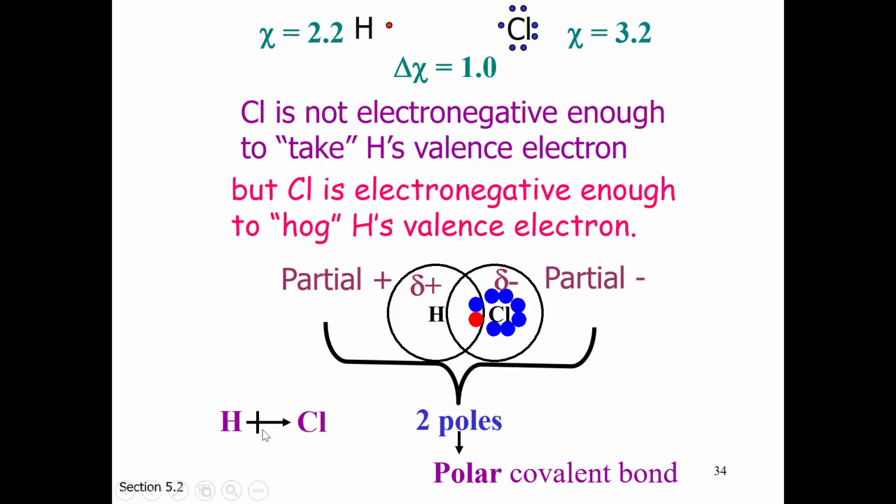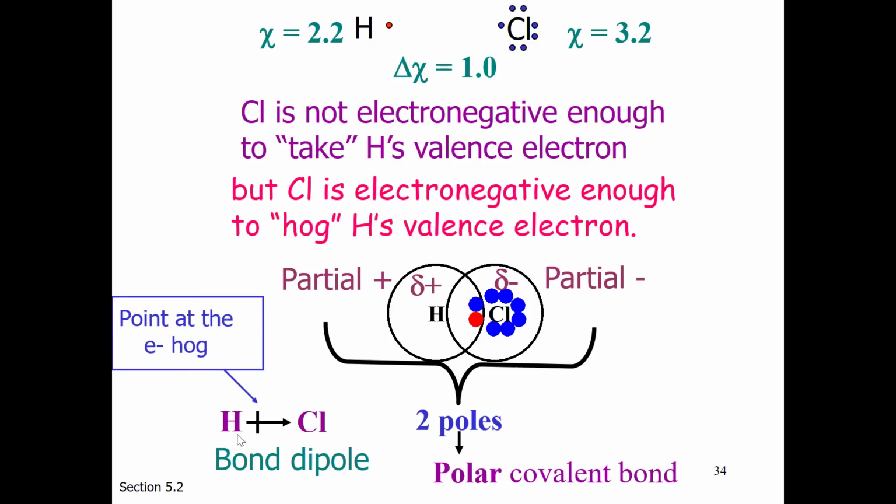And it can be drawn with not only a line, but an arrow tip that points to the chlorine and a little crosshatch that lets us know which atom is going to be more positive. So this is known as a bond dipole, and you're going to see this in Chapter 7 where we look at bond dipoles and look at overall polarity of compounds. And the trick to these arrows is to point at the electron hog.